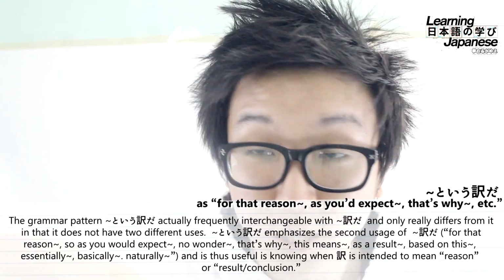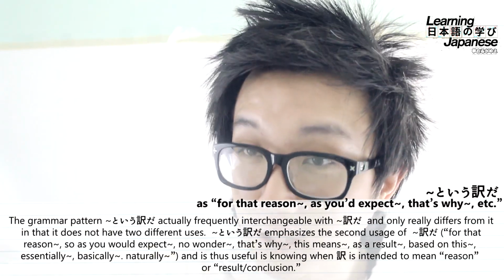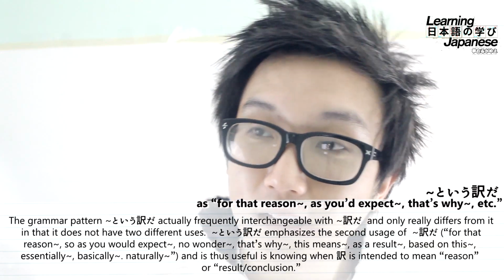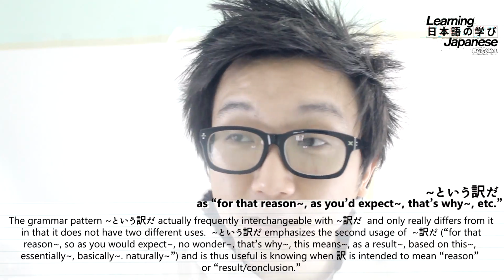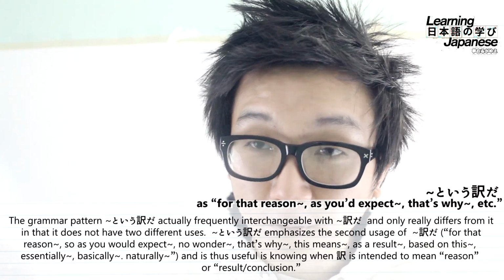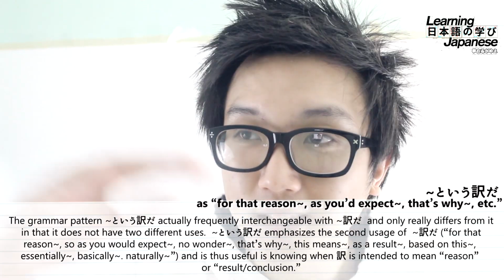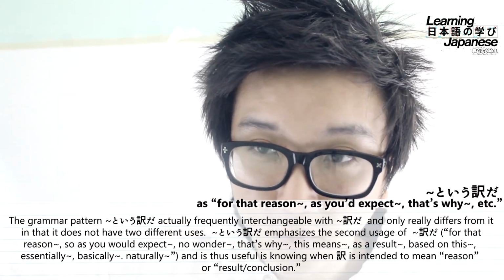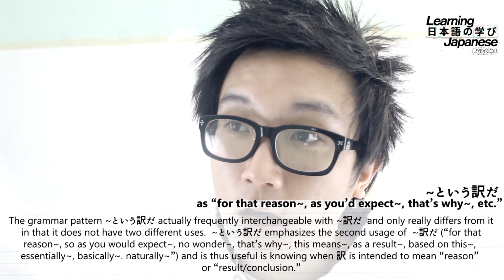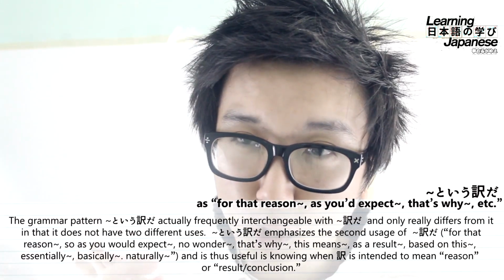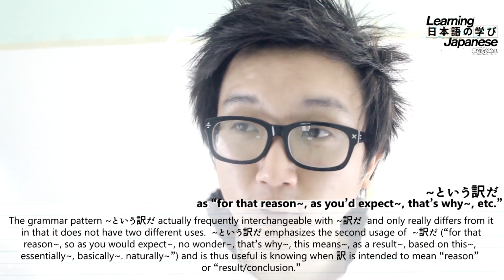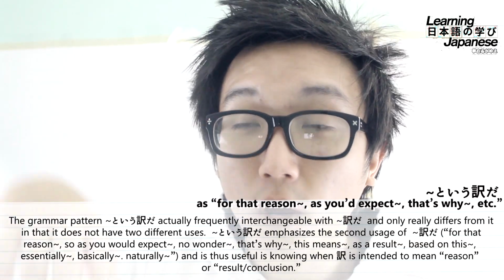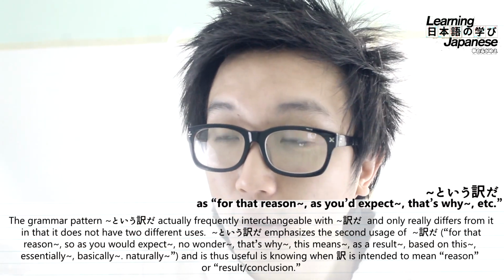That's why this, as a result this, as you'd expect this, essentially this, basically this, etc. And how that differs from the grammar pattern that we covered right before this, which was wakeda, which means the same thing most of the time. And so yeah, that now marks another lesson off of our series for the word wakeda, which will continue with our next lesson, which will start our coverage of kind of grammar patterns that have a negative form to them. Wake de wa nai, wake ga nai, wake ni wa ikanai.